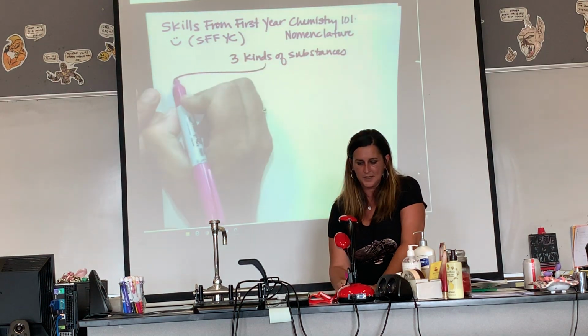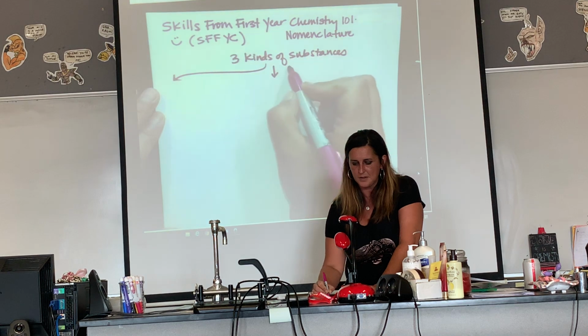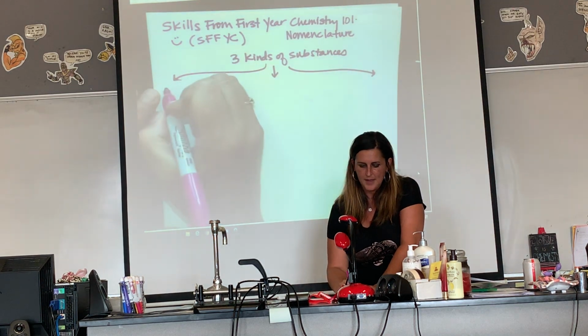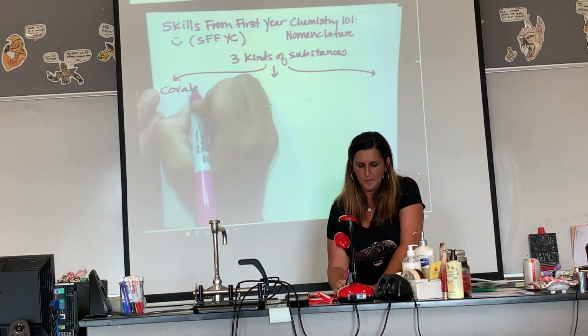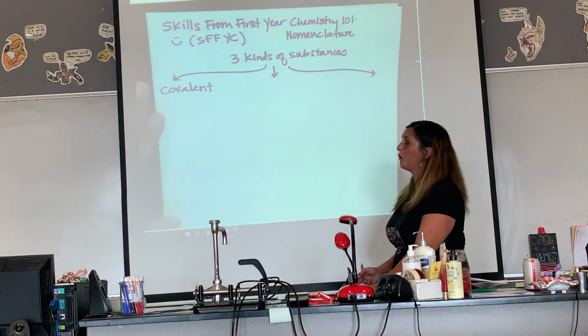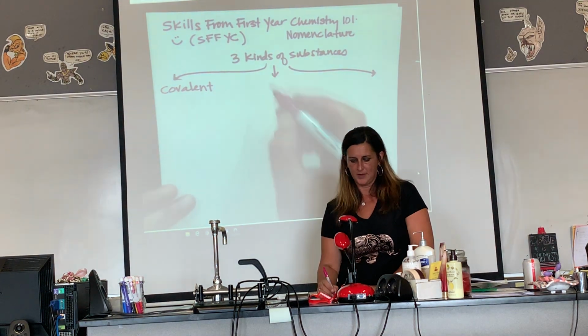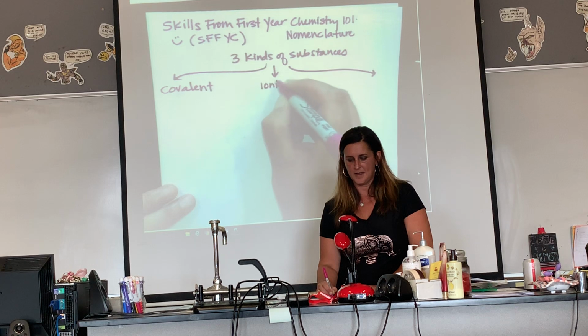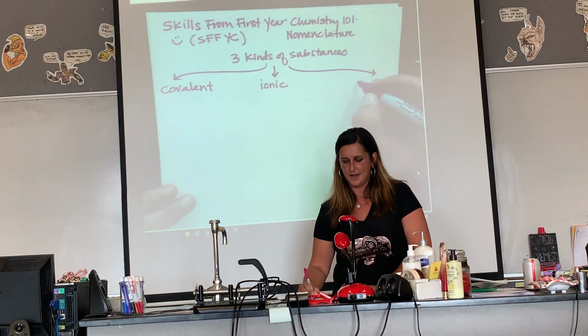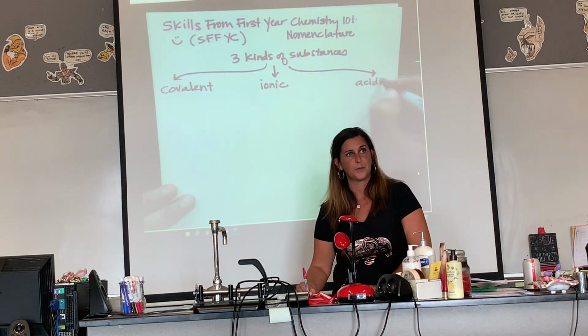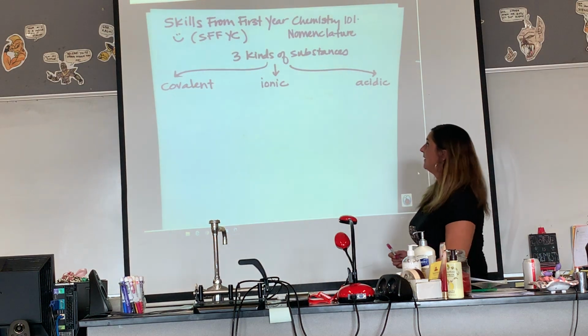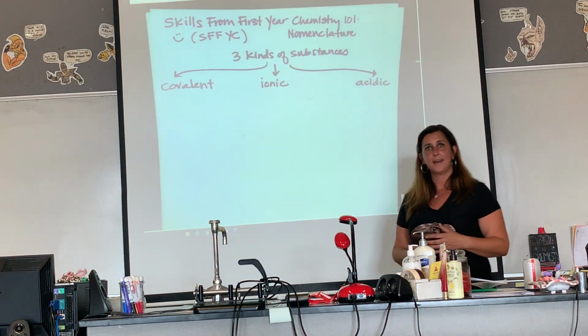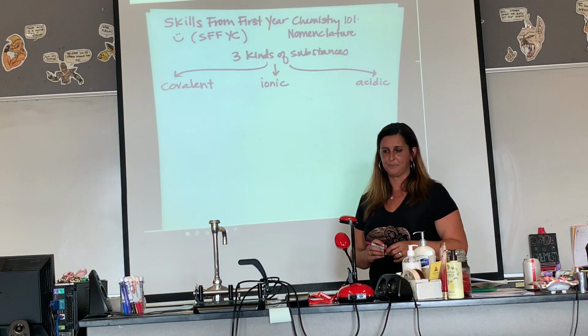And so I'm just going to give you an overview here first to start with. And one of the three are covalent substances. And then we have ionic substances and acidic substances. Okay, so there's covalent, ionic, and acidic.